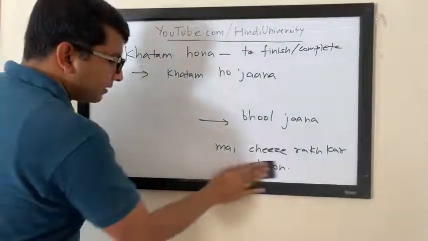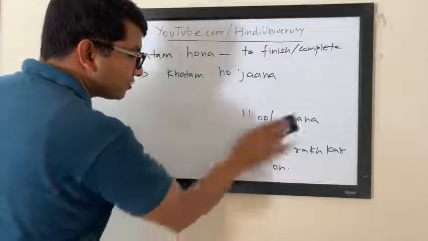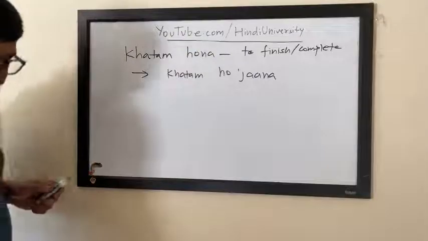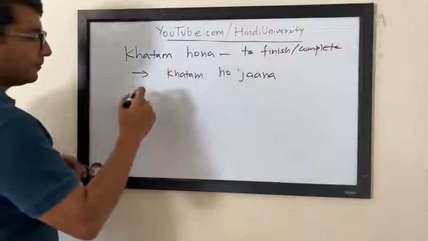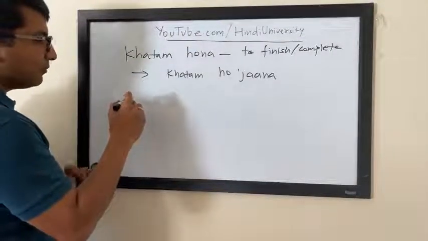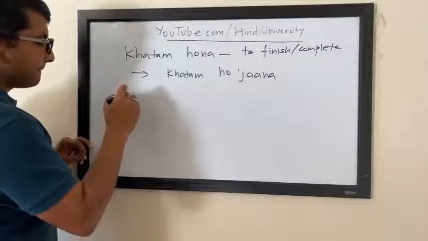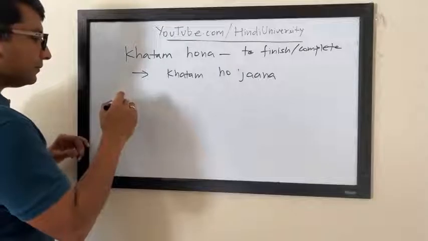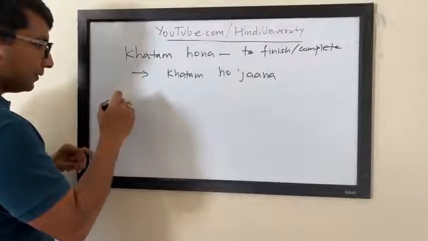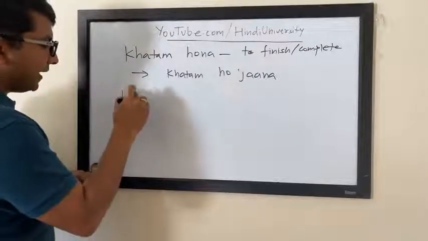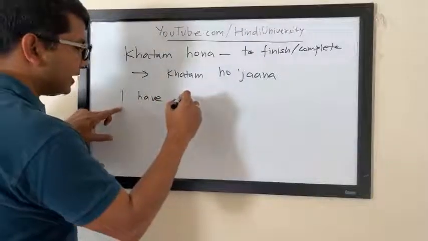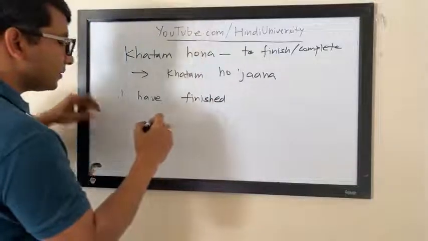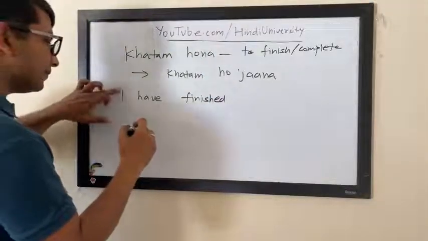So let's say a son wants to say to his mom, I have finished my work, or I finished my homework. मैं अपना homework खत्म किया. I would say I did. There are many ways to say it, but I have finished: मैं अपना homework कर चुका.